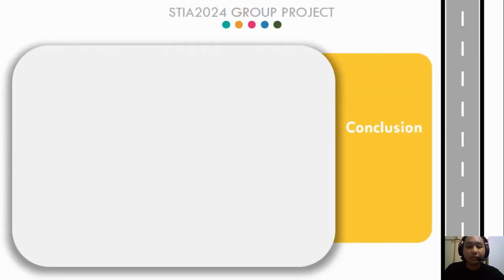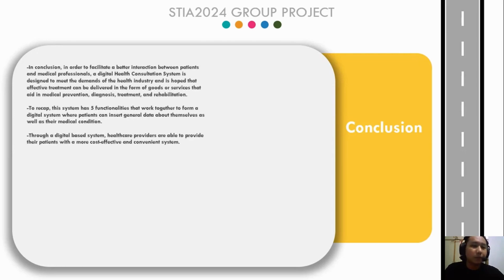Alright, next up is the conclusion. In conclusion, in order to facilitate better interaction between patients and medical professionals, we've designed this digital health consultation system in hopes of meeting the demands of the health industry, and it's hoped that effective treatment can be delivered to patients in the form of goods and services that aid in prevention, diagnosis, treatment, and rehabilitation.